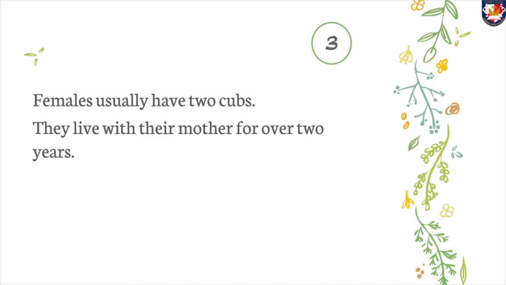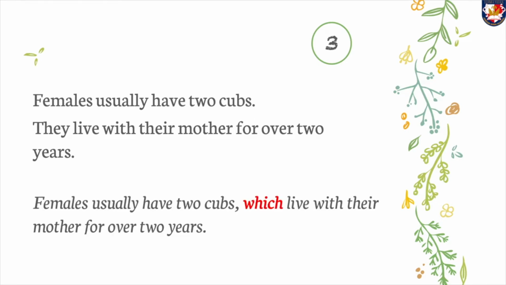And don't forget to erase they. Yes, very good job. Your answer is right. So the answer is, females usually have 2 cubs, which live with their mother for over 2 years.